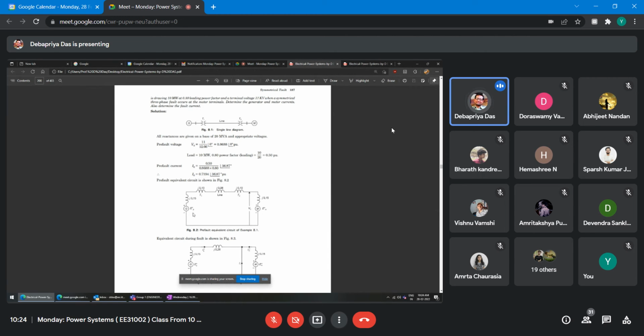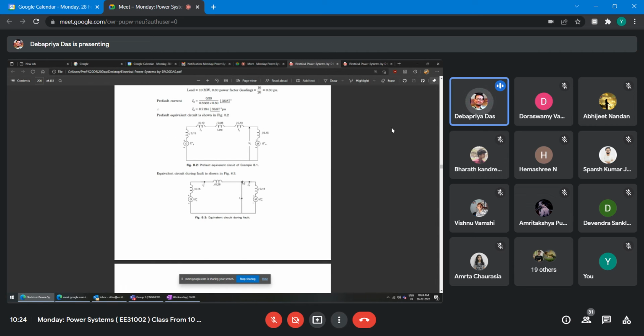So this is a subtransient case. This is EG double dash, EM double dash. This is transformer T1 and transformer T2, j0.1, right? That is the per unit reactance, and this is the line per unit reactance. This is the motor's per unit reactance, and this is your V0 under normal condition. Now a three-phase fault means a pure short circuit from here to here, total short circuit.